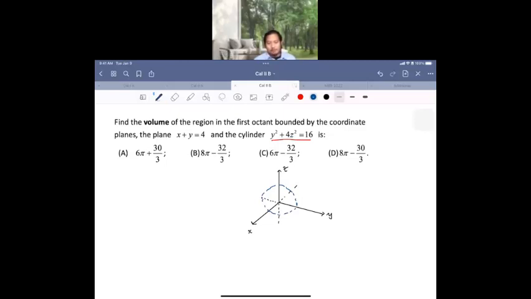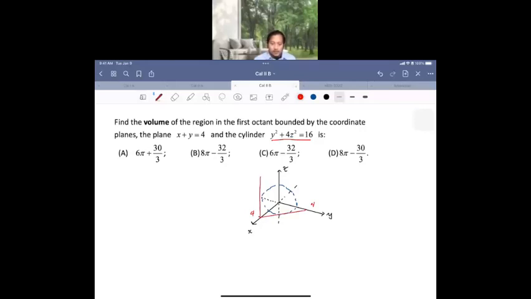And we have x plus y equals 4. So x equals 4 maybe here, and y equals 4 maybe here. So we will have a slicing there.